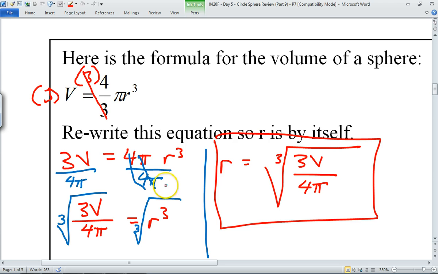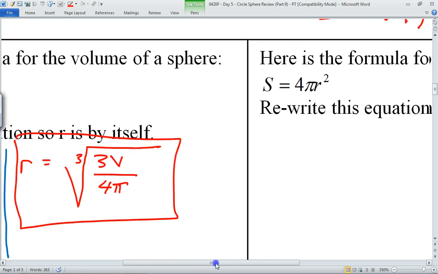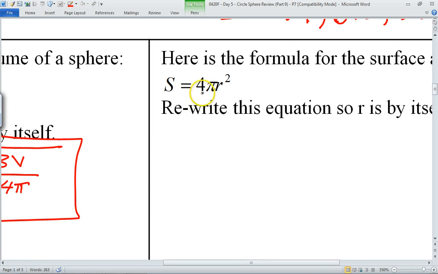You just divided by 4. Exactly. Now this is almost the same thing. I've got something equals 4 pi, and then I've got r squared, so what do you think I'm going to do? Divide by 4 pi. Yeah. Is this making sense now, Brooke? I'm trying to get this by itself. Just look at what's with it.